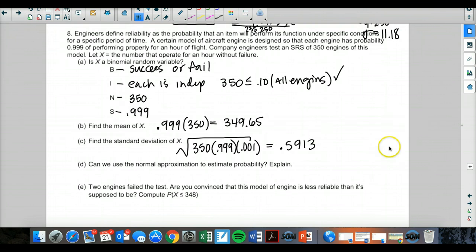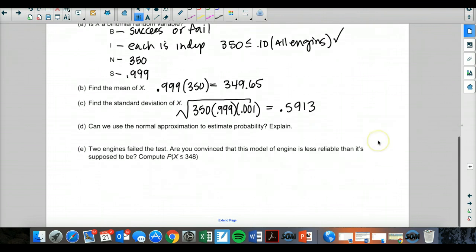So that is 0.5913. Can we use a normal approximation to estimate this probability? Explain. So I think my answer is going to be no, because 0.999 times 350 is huge. 0.999 times 350 is 349.65, which is greater than or equal to 10.